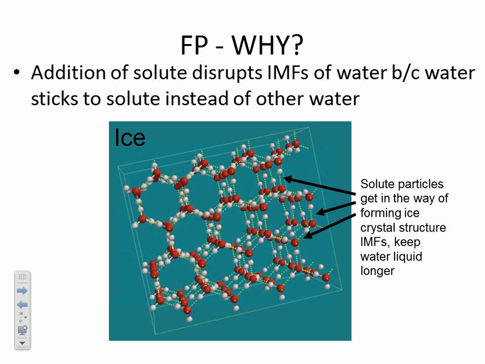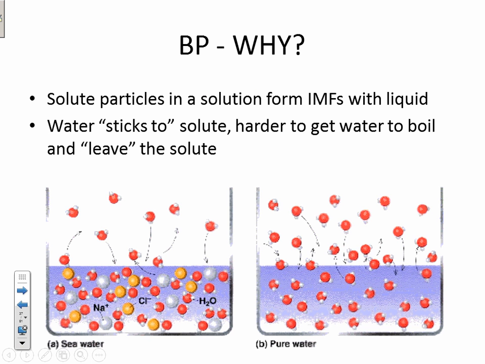The presence of a solute particle will get in the way. The solute particle prevents the liquid from forming the necessary intermolecular forces of attraction to freeze. Solute disrupts IMFs. It keeps the water from basically sticking to itself. The water would rather stick to the solute than to itself. And if it can't stick to itself, it's not going to freeze.